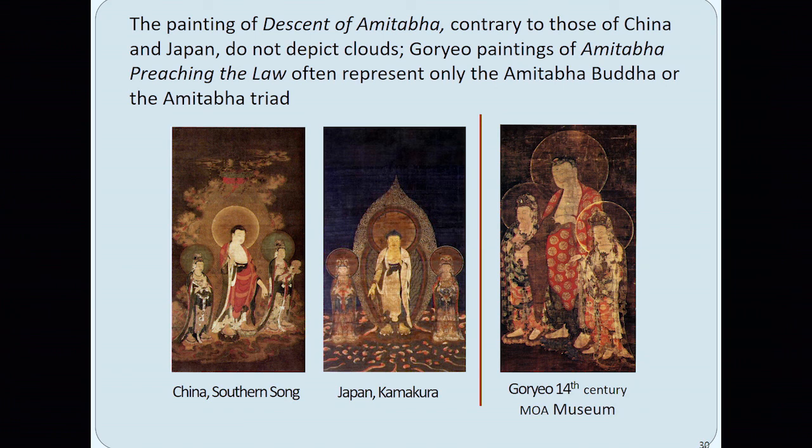In contrast to the Goryeo example, Chinese and Japanese versions of the Descent of Amitabha portray the clouds as if they were floating somewhere between the surface and the distance of the painting, so that the triad really does seem to be approaching us, making the descent of Amitabha Buddha seem more real.